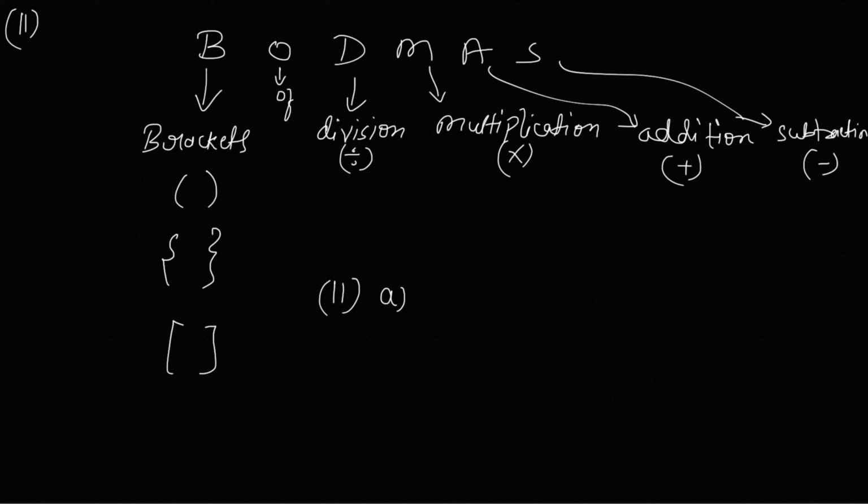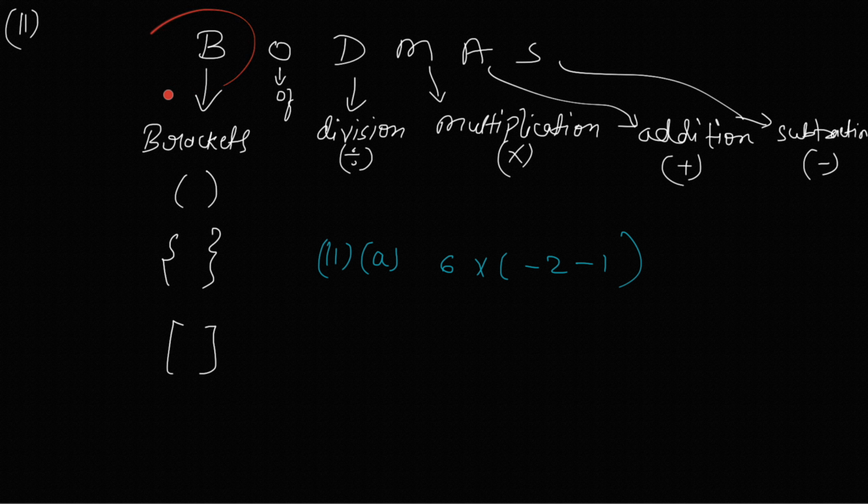Let's write it with a different color. 11a, 6 multiplication (minus 2 minus 1). So our priority is whatever is inside the brackets we have to solve first. So this is inside the brackets, solve it. So it will be 6 times, minus 2 and minus 1 is minus 3.